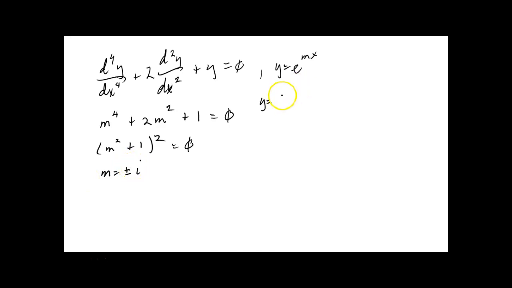Okay. 1? Is that what I heard? C1. Okay, that's what I thought I was hearing. Okay, C1. Second? No e. Cosine. See, the e part would have been your real part, and that's a 0.